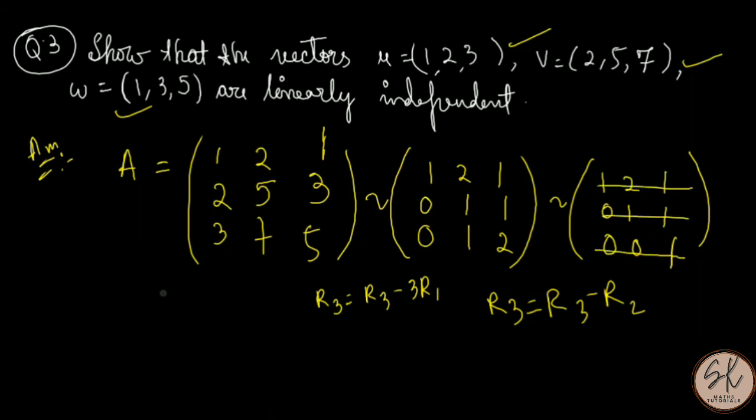Therefore these vectors are linearly independent. Because if you write this as a linear combination using unknowns, we will get the values of those unknowns as 0, that is, x, y, z will all be equal to 0. So this will be a linearly independent set of vectors.